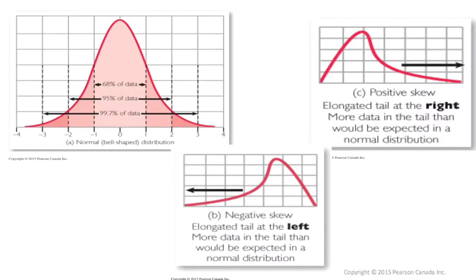Okay, and if you want to remember positive skew, positive is almost always there's more data on the left-hand side, and then a negative skew to the data will be there's simply more data on the right-hand side of the graph, and you see a depiction of that in graph B, which is at the bottom of your screen there.